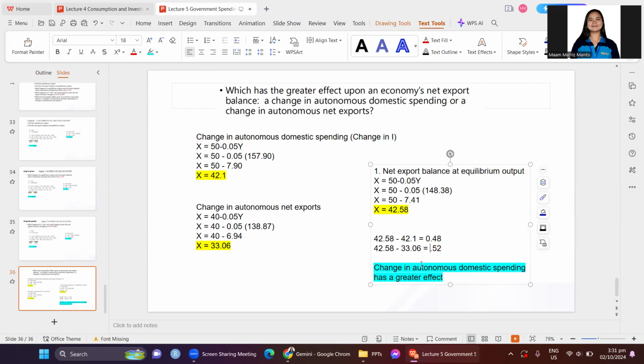So obviously, the one with a greater change or greater effect is the one with a change in autonomous net export. So change in autonomous net exports. That's the final answer.